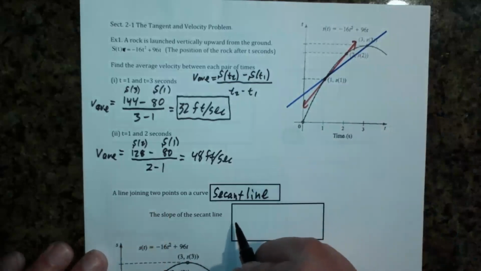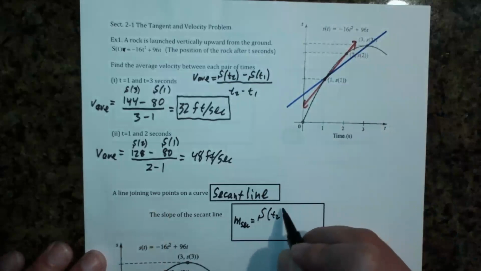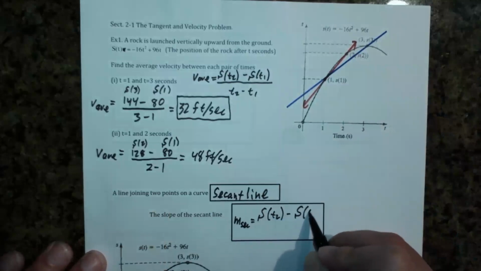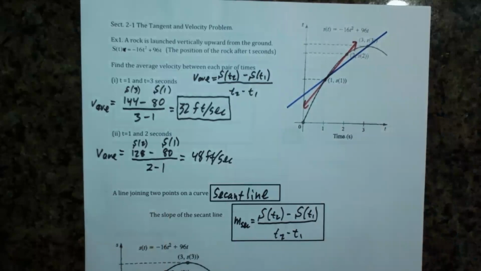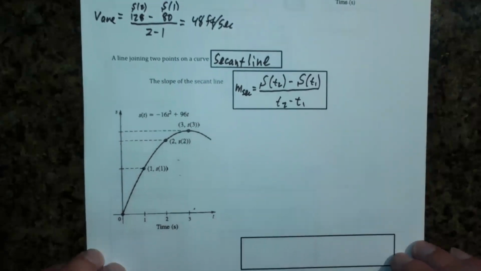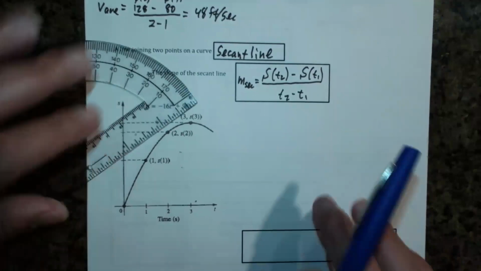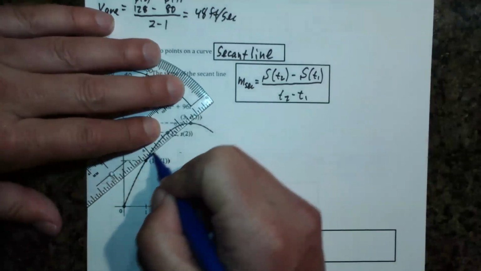And once again, the slope of the secant line is here. And once again, you can see that is just the slope function there. That's nothing too new. And so this is the same curve that we had a moment ago. And I'm going to draw on the secant lines again. So our first secant line started here, went through here like this.